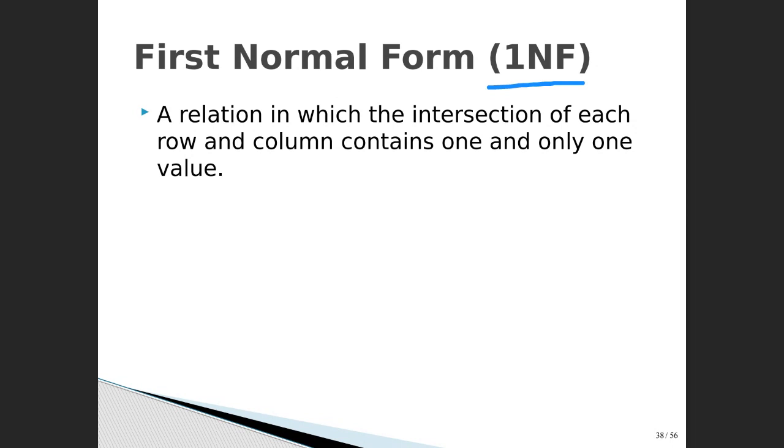So what is a first normal form relation? It's a relation where each row and column contains one and only one value.